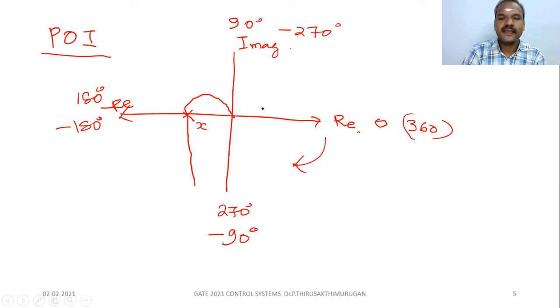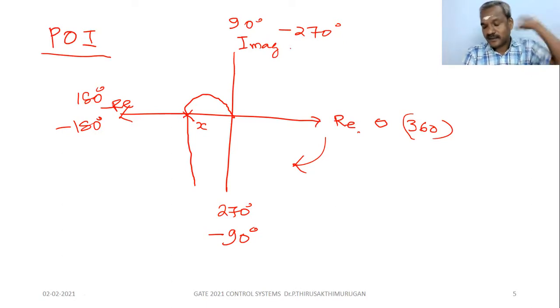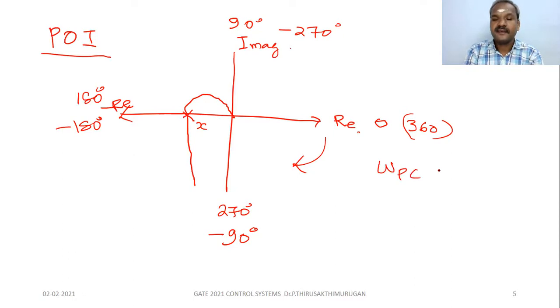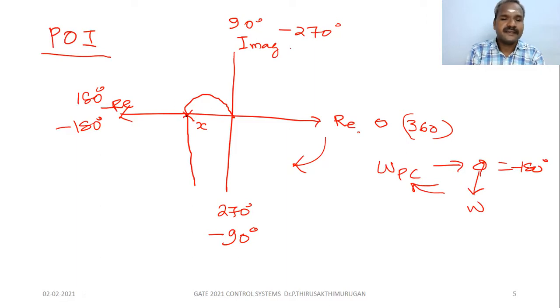So when we make a clockwise rotation, it becomes negative. As per the definition in the Bode plot, the phase crossover frequency omega PC is the frequency at which the phase angle is minus 180 degree. Understand? So this point intersects the negative real axis exactly at minus 180 degree.